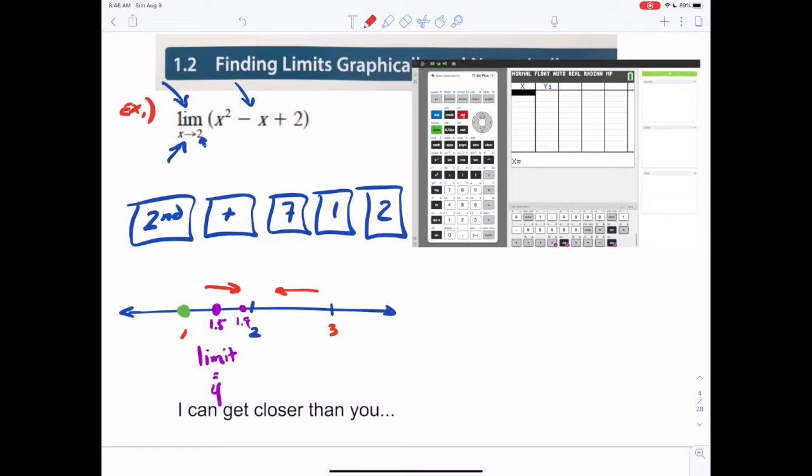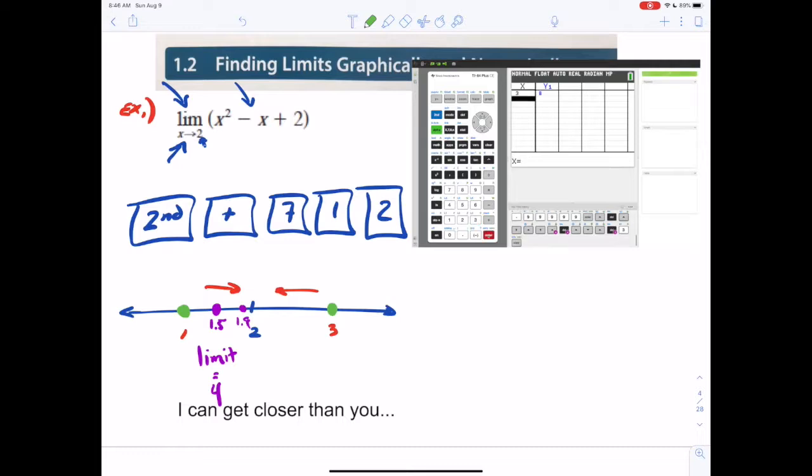What's a good number to start from the right side of 2? Feel free to pause there and think about it. A good number to choose is probably 3. So I'm going to click on 3.